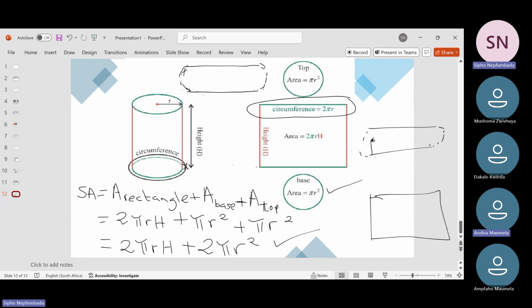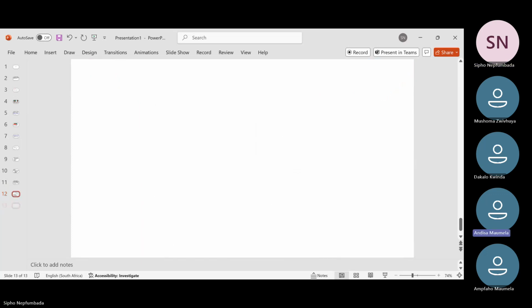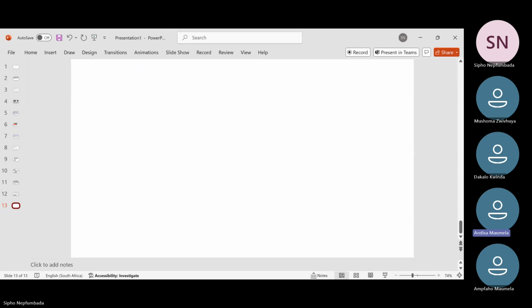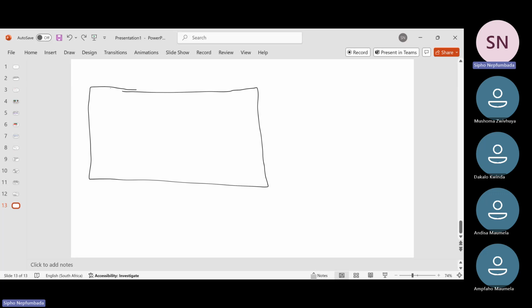We take the pi and radius and height of the top, and then the radius, pi, and height of the bottom. You're acting like you're understanding, but you're not. I'm not understanding where this 2 is coming from.